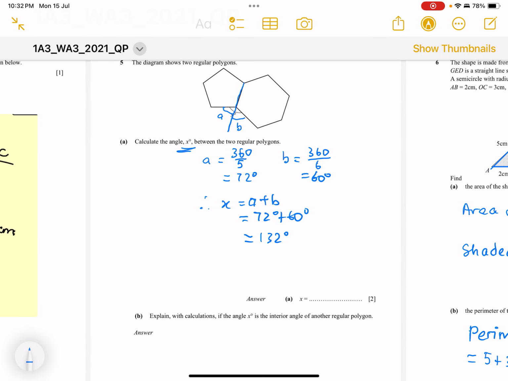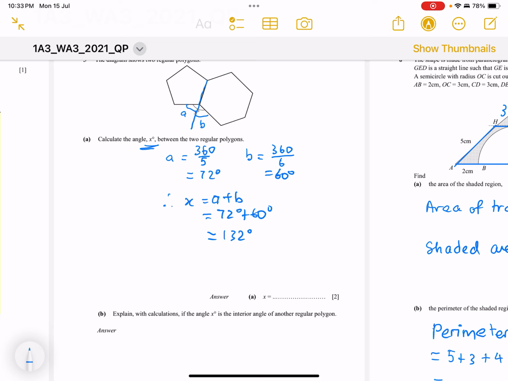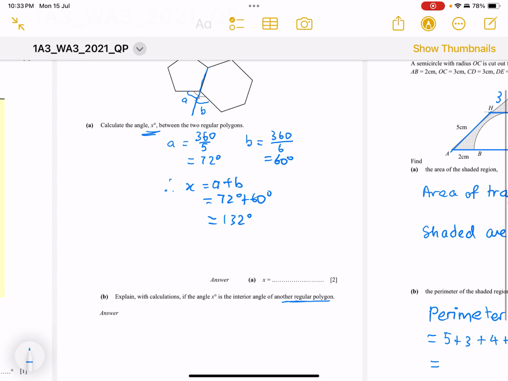In the second part, we have to explain with calculations that if the angle X is the interior angle for another regular polygon, to show that, then we must find the number of sides for the new regular polygon.